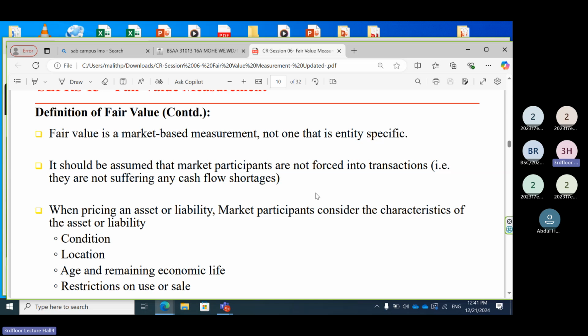That's inbuilt. That is common to each and every user, as a given fact. We need to refer to LKAS 17 to get that definition. Useful lifetime is an estimate given by the particular company based on their usage.